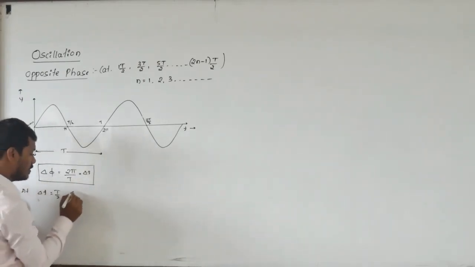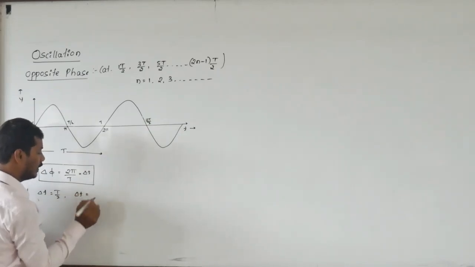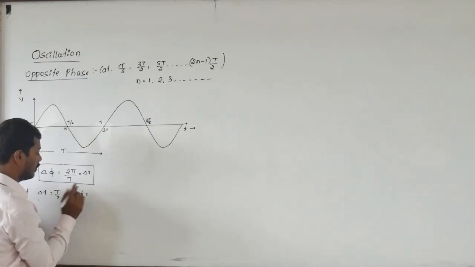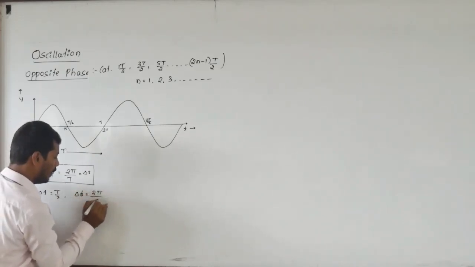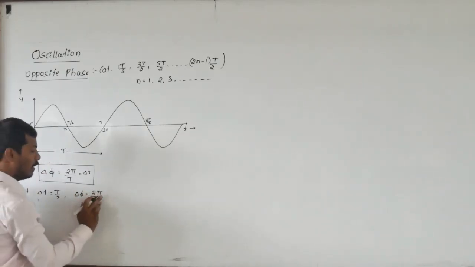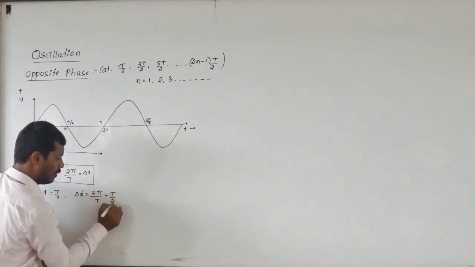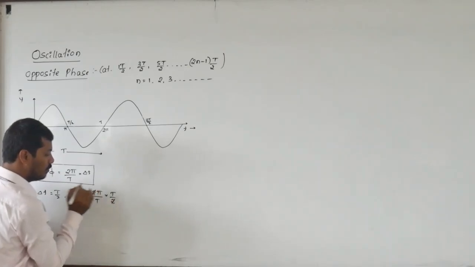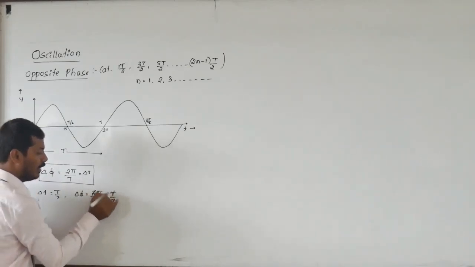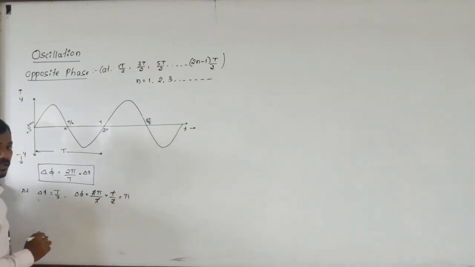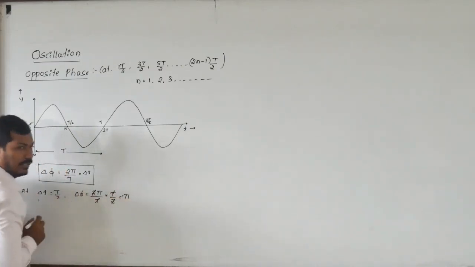What is the phase difference? Delta phi equals 2 pi divided by T into delta t, which is T by 2. Then T gets cancelled, and this becomes pi. So the phase difference is pi.